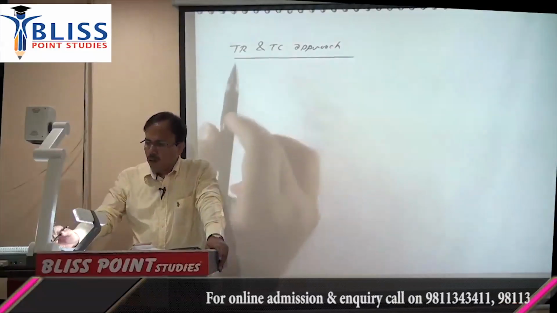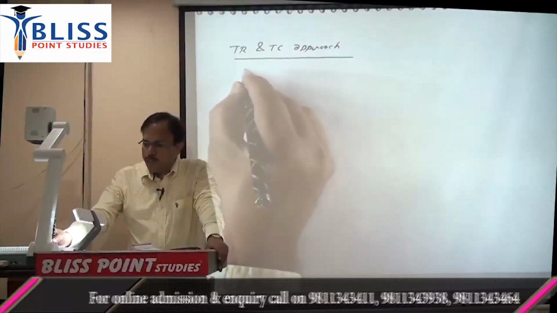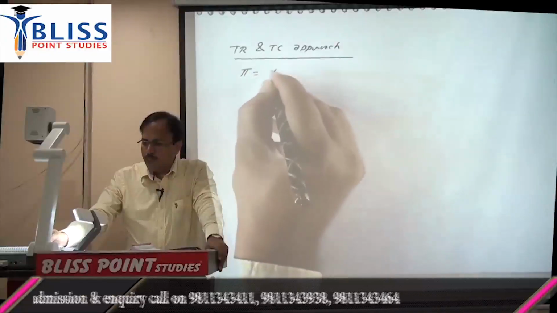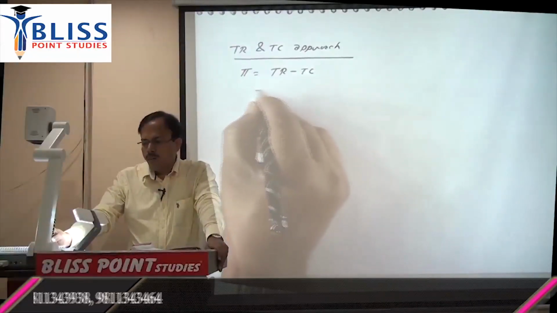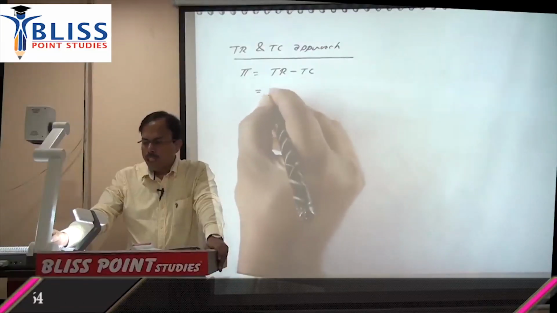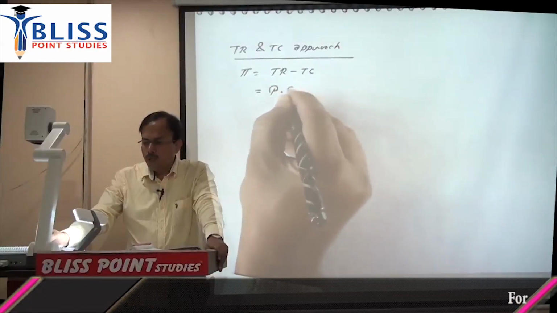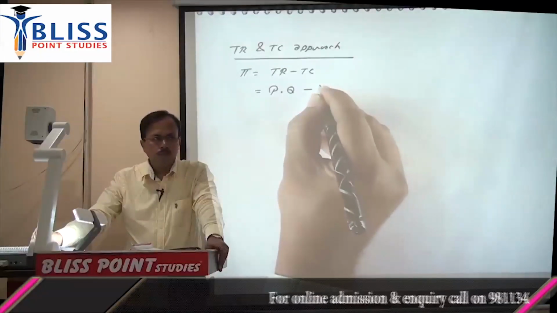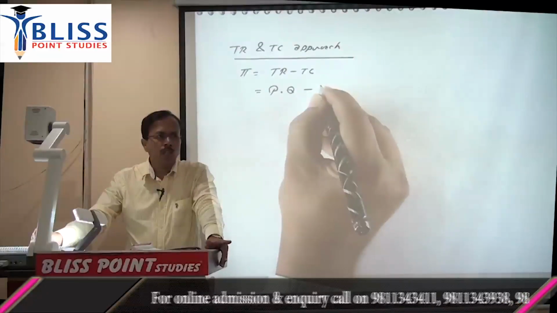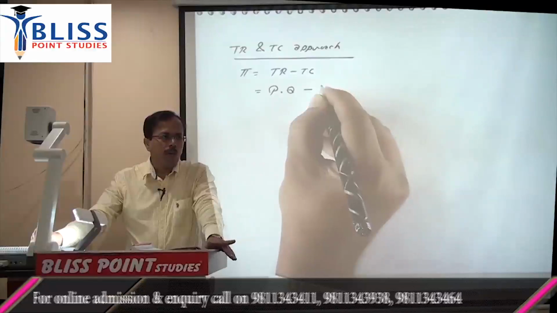देखो, when you calculate profit, then profit is the difference of total revenue minus total cost. And how to find total revenue? It is nothing but price into quantity. And total cost is fixed cost plus variable cost.